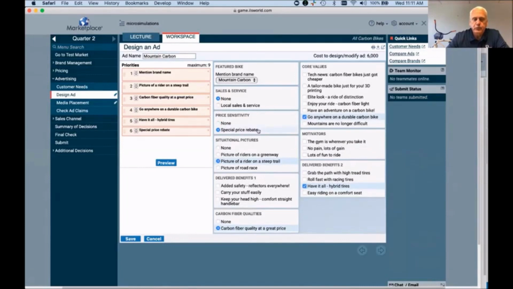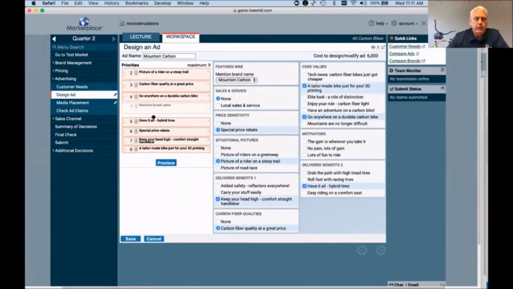I've done a price rebate. And okay, I actually have comfort straight handlebar and a tailor-made bike just for you. So I've put 8 benefits in here, and now I can change the order. Now nobody knows anything about my company or my brand, so I'm not going to mention brand name as the most important thing.